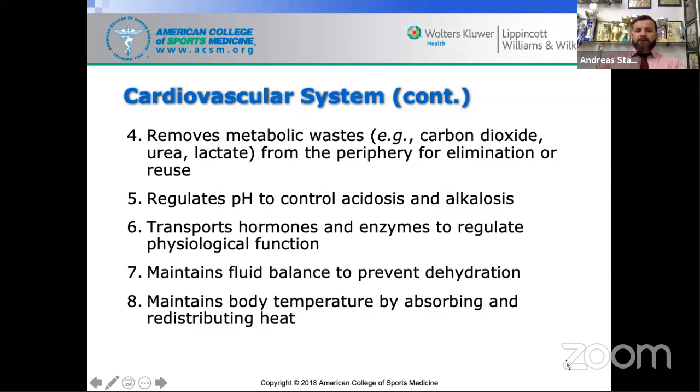Again, we're trying to avoid both of those conditions, and we want our pH to be regulated. Hormones and enzymes are very important, of course, to regulate many functions and many chemical reactions. Dehydration can be prevented, and body temperature can be maintained.